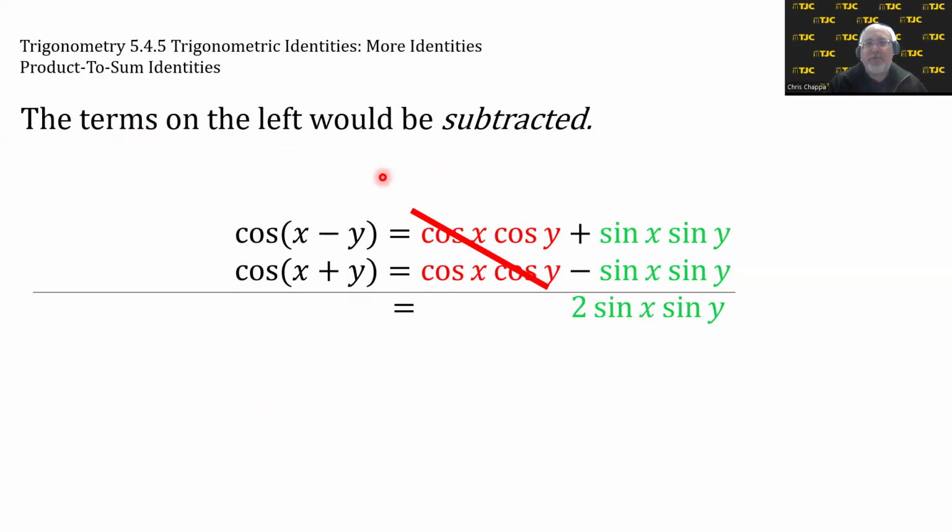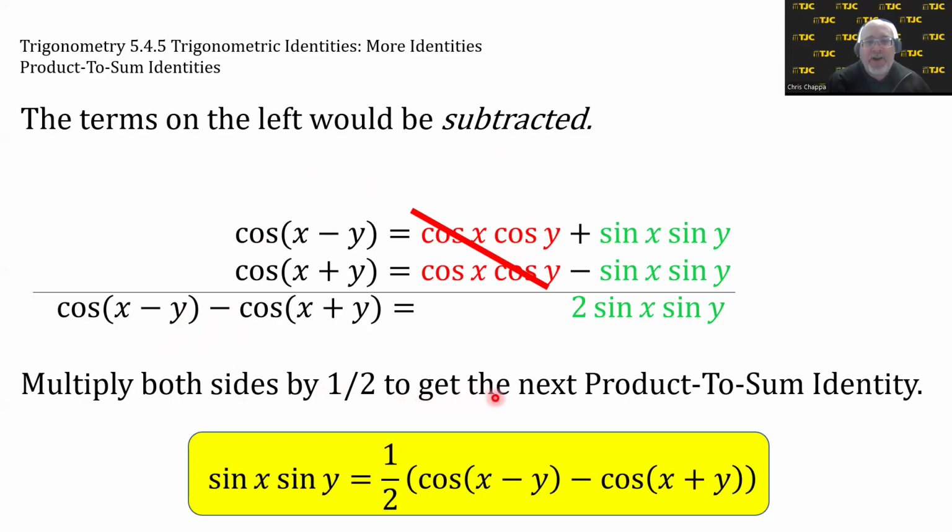And the terms on the left would be subtracted. So cosine x minus y, something is fishy here, something looks wrong. Crisis averted. The terms on the left would be subtracted, leaving cosine of x minus y minus cosine of x plus y.